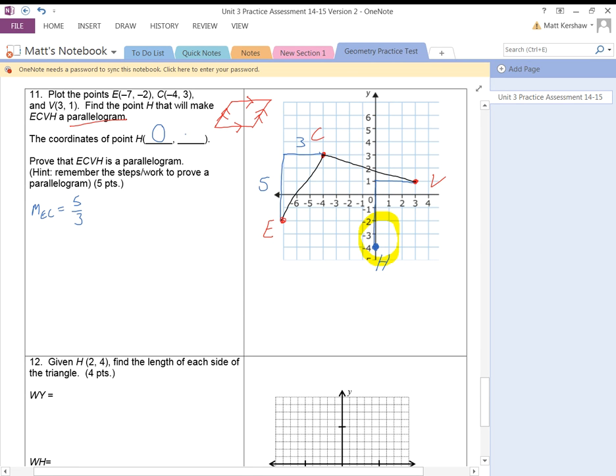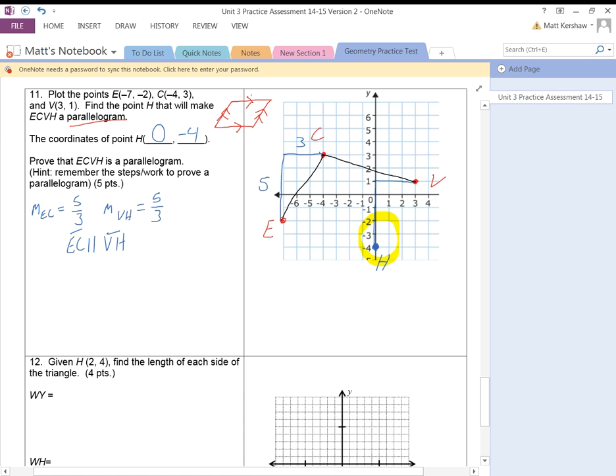Now, we just showed that the slope of VH is also 5/3. So now I know that segment EC is parallel to segment VH.